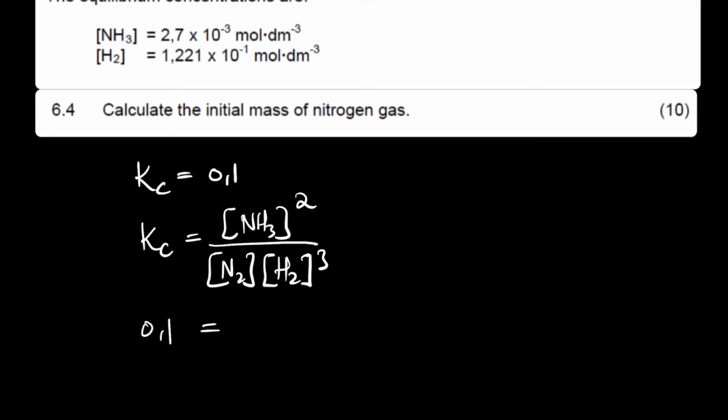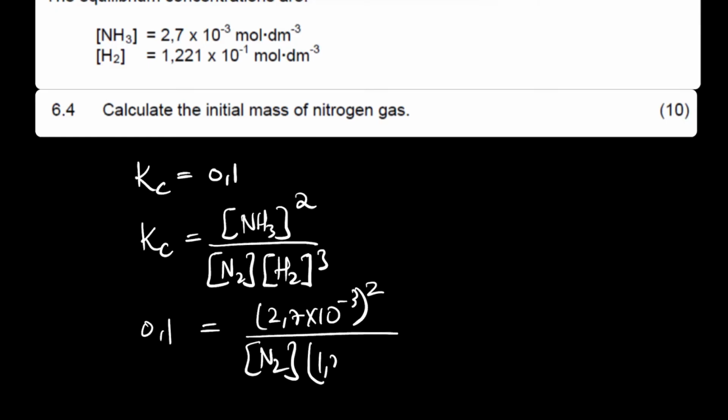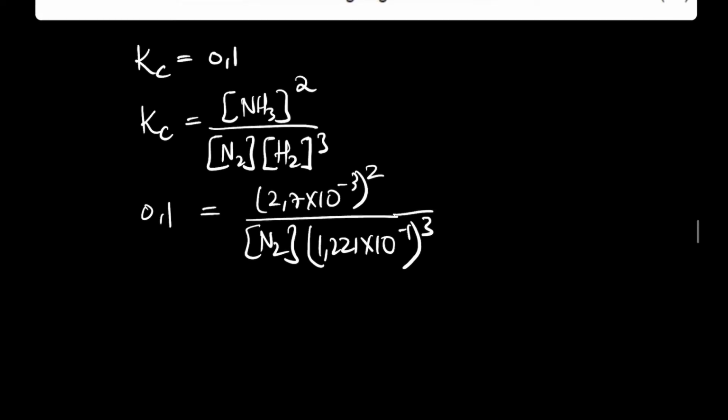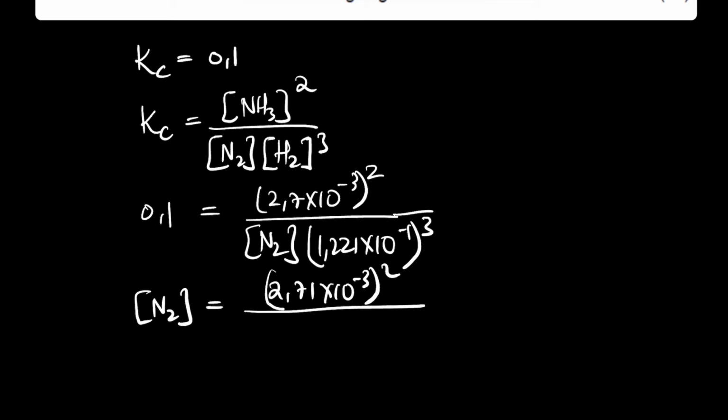So substitute the Kc, and the concentration of ammonia, which is 2.7 times 10 to the power negative 3, squared, over the concentration of nitrogen, which is the one we want at equilibrium, times the hydrogen, 1.221 times 10 to the power negative 1, cubed. So the concentration of nitrogen is (2.7 times 10 to the power negative 3) squared divided by 0.1 times (1.221 times 10 to the power negative 1) cubed.